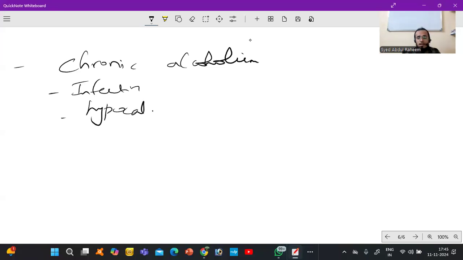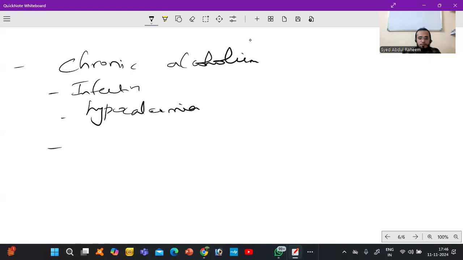Hypocalcemia is one of the reasons behind epilepsy. Okay, a low level of calcium, because there is a low amount of calcium production, which leads to decreased electrical stimulation in the brain.